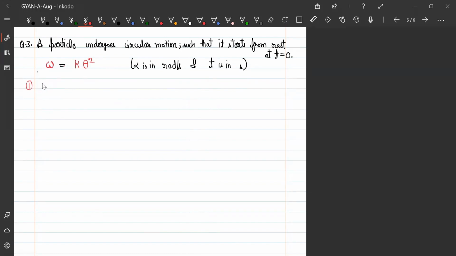First, find alpha as a function of theta. Then find omega as a function of time. Then find theta as a function of time.